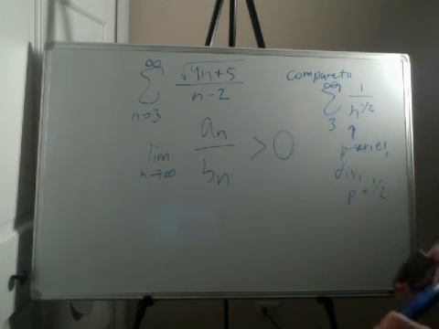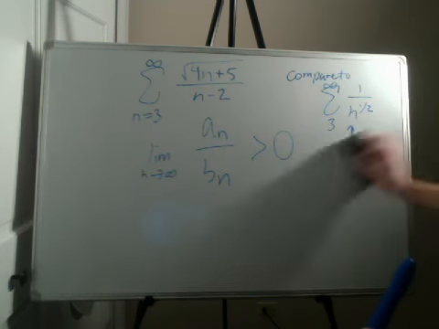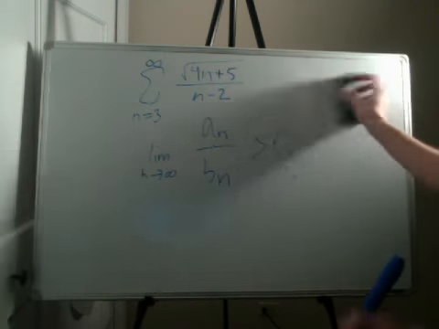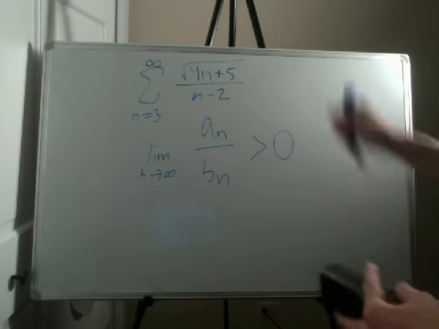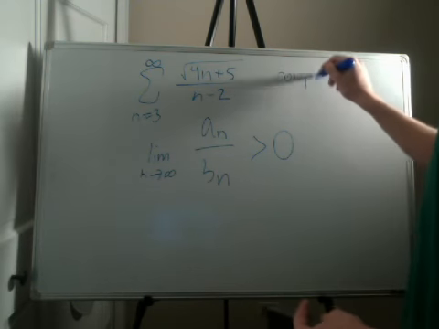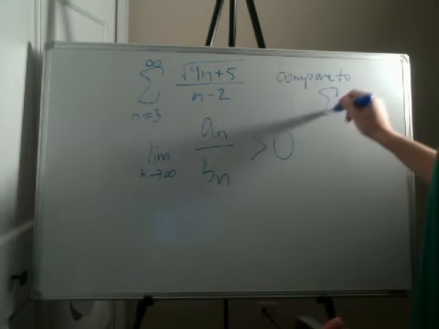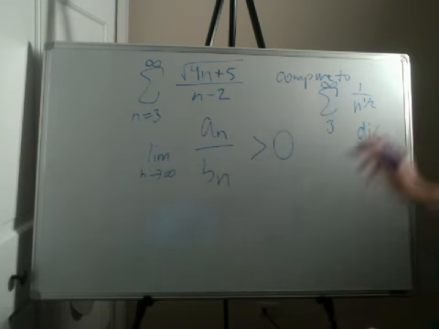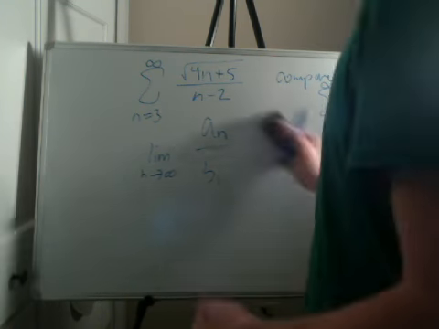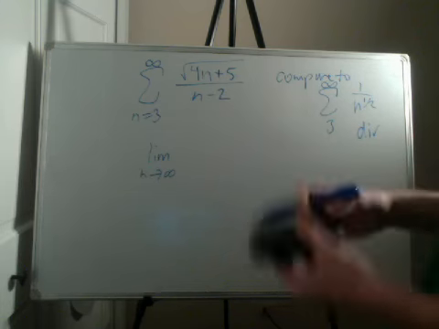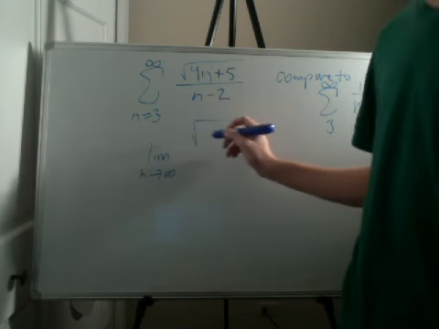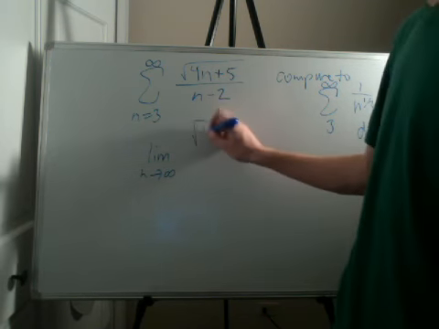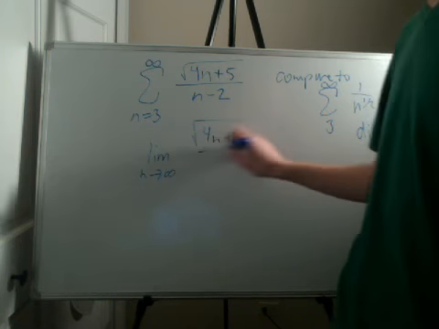So for this reason, we're going to take A sub n, which is this one, which is going to be 4n plus 5 over n minus 2.